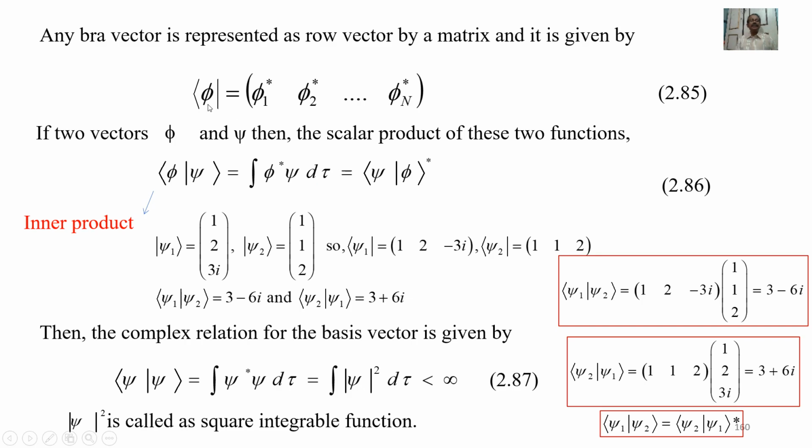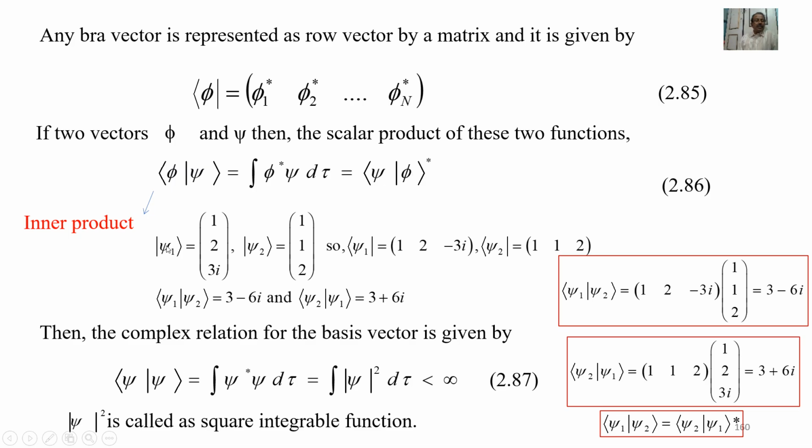So bra phi is equal to phi 1 star, phi 2 star, up to phi n star. If we have two vectors phi and psi, then the scalar product of these two functions is written in bra and ket notation, and this is the wave mechanics representation. And of course, we know that when we interchange the bra with the ket, we take the complex conjugate.